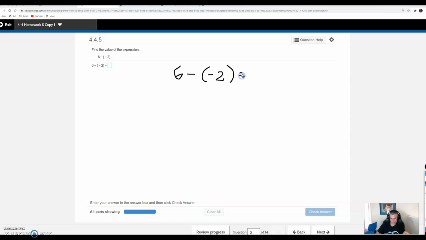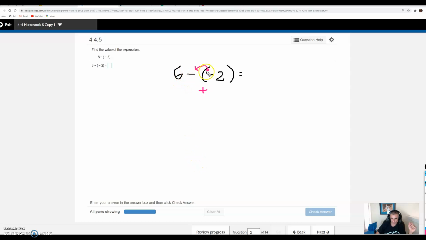There's a couple different ways you can think about it. I think the easiest way is to say, if I subtract a negative, it is the same as addition. What some students do is take this subtraction sign and put the two together, and one goes this direction, and I flip this one, and it becomes a plus sign.